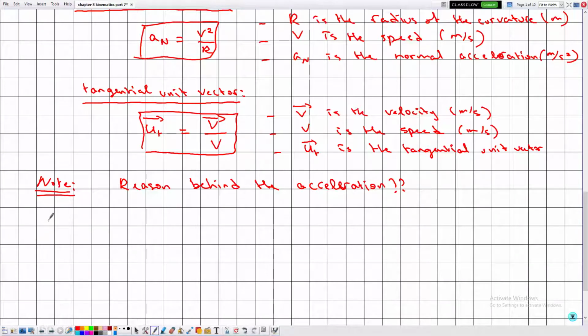So the reason behind the acceleration is due to the change in velocity.